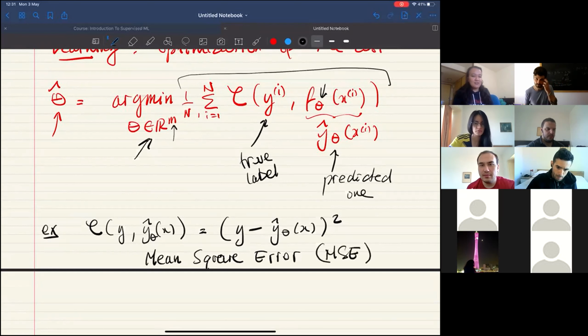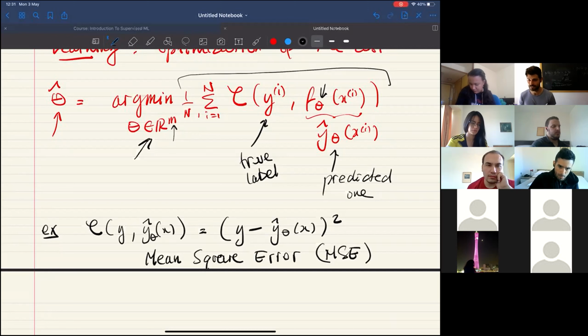It quantifies the average over the data points of the square deviation between the true labels and the predicted ones. And learning would mean, in this case, minimizing the mean square error.